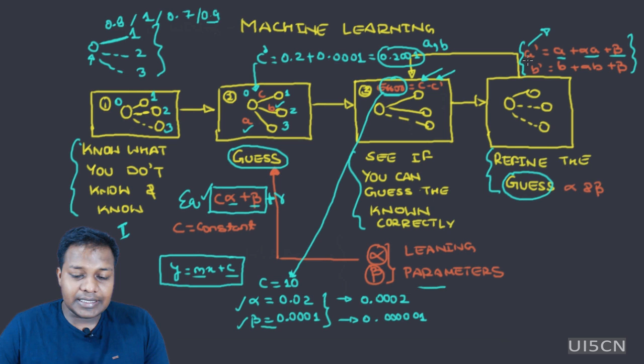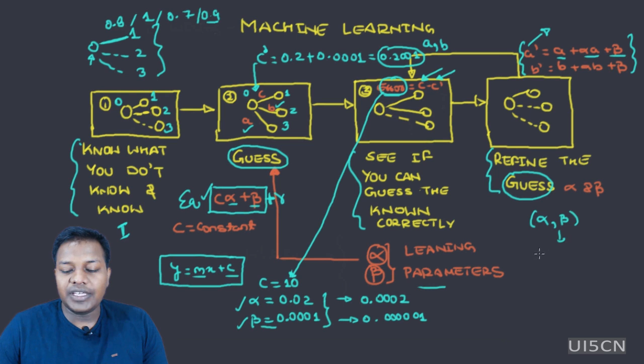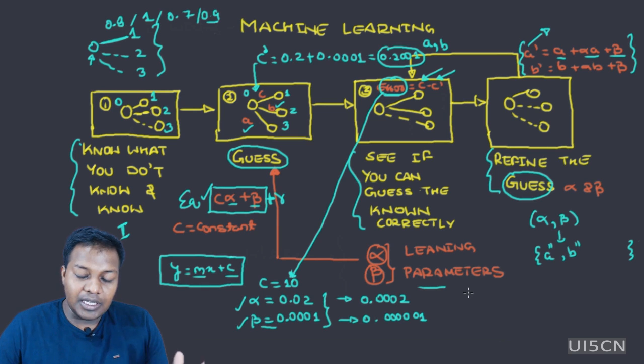Now we were discussing that at some point of time we will reach a point where the alpha and beta, the learning parameters, would be giving out the values of a double dash, b double dash. I'm saying b double dash, but there might be a lot of iteration which happens to really come and guess this value, c double dash.